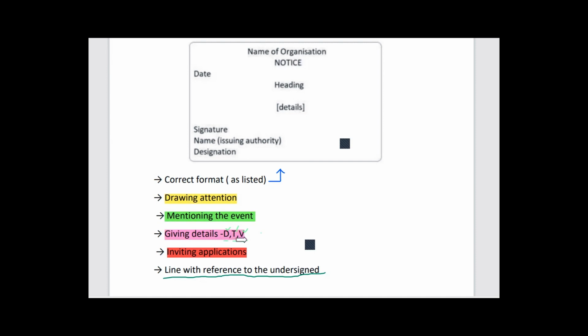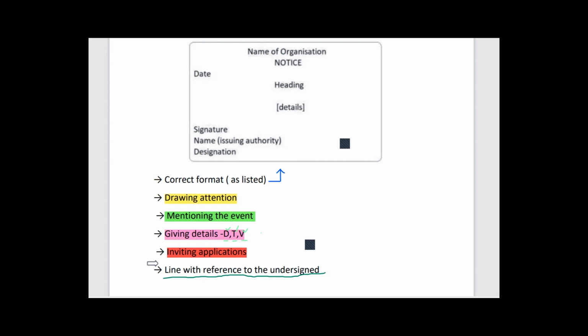These are 3 very important details. Remember, if it is an event, you will be inviting applications for participation. So that is a very important detail which comes towards the end of the notice.